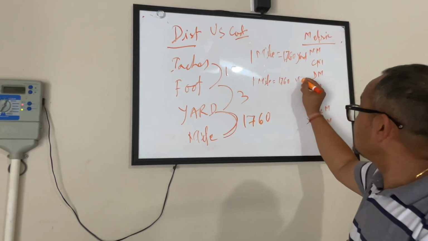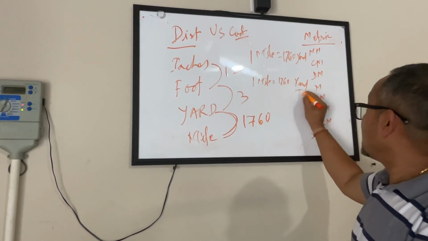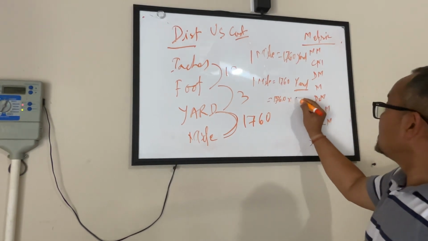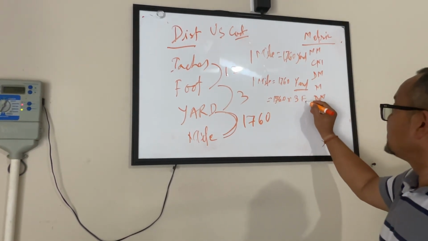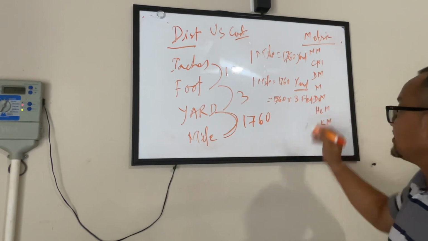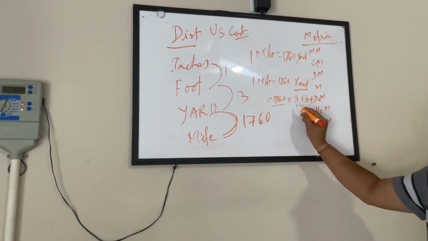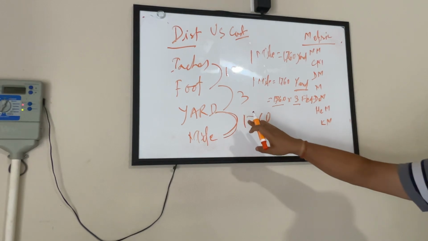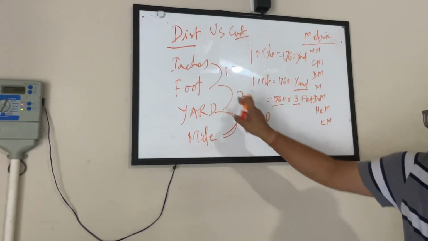Now we know 1 yard equals 3 feet. So 1760 into 3. This is what will get you how many feet in a mile.